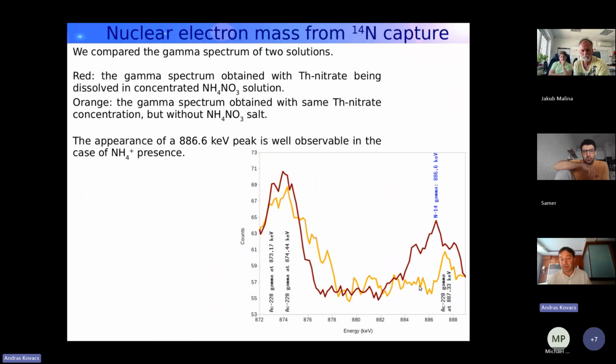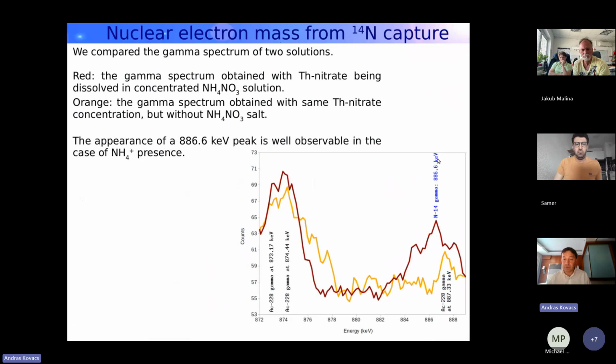The one without it is the yellow one. You can see that there is a gamma peak appearing at 886 kiloelectron volts only in case of the ammonium nitrate, so only in case of ammonium ions being present. The other gamma peaks you see here are from the actinium part of the thorium decay chain.